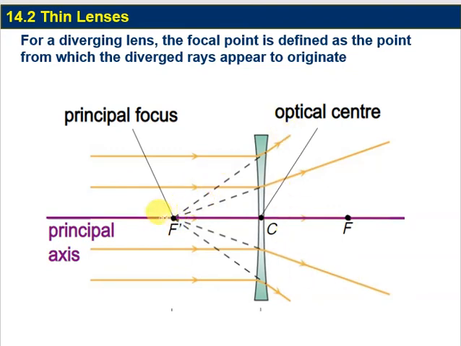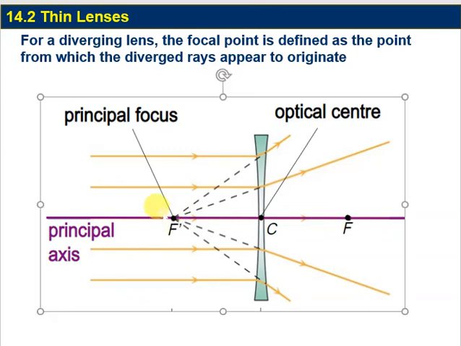So the image produced is here, it's diminished, it's smaller, it's reduced, it's like a point size. It is virtual, and it's placed for sure on the same side where our object is. This is the first case, when the object is very far, at infinity.